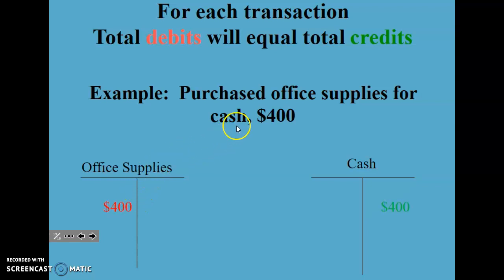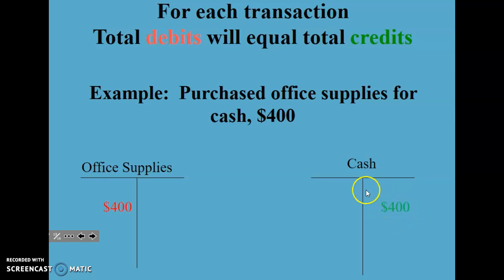And the other side of the entry, we paid cash, so we have to decrease cash. So we're going to enter it on the right side because cash is an asset and it normally has a debit balance, or on the left side. So if we want to decrease it, we have to make a credit entry, or an entry on the right side of the T account.